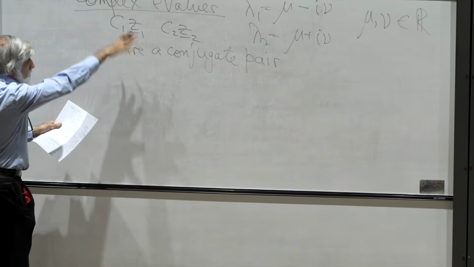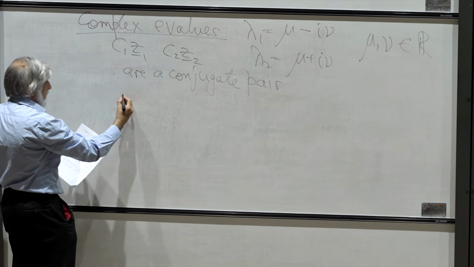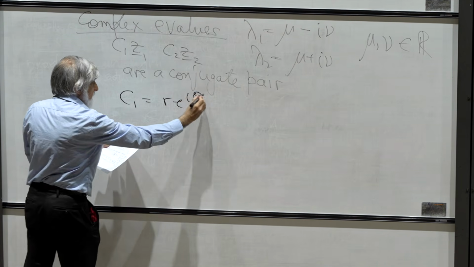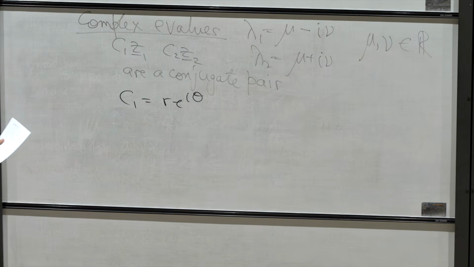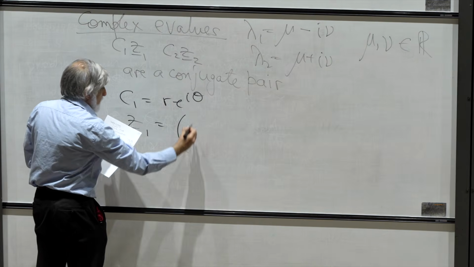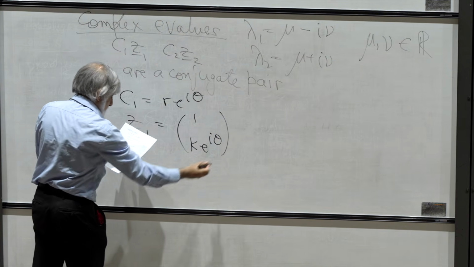Right, so again, that's from linear algebra. You should know that. So let's set C1 to be R e to the i theta. And let's set Z1 to be 1, k e to the i phi.